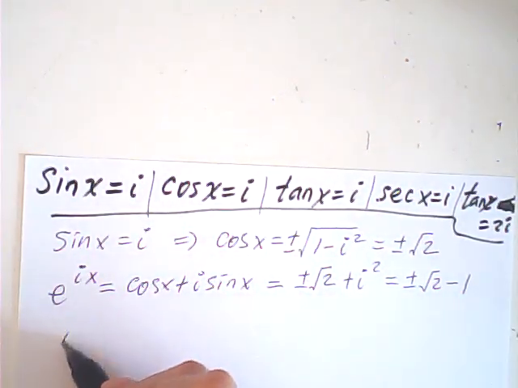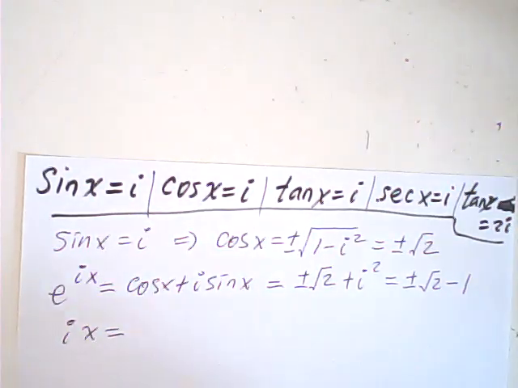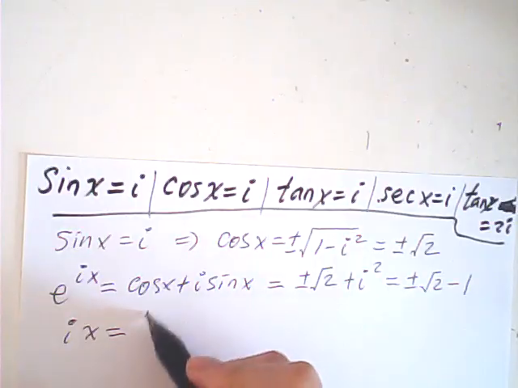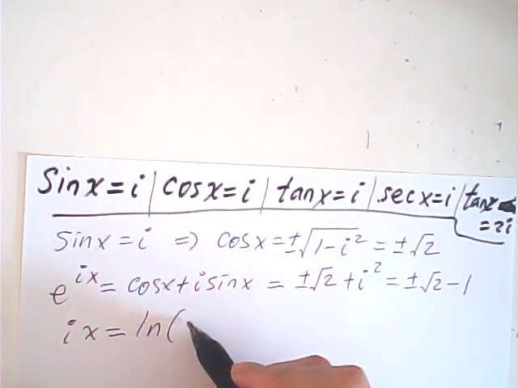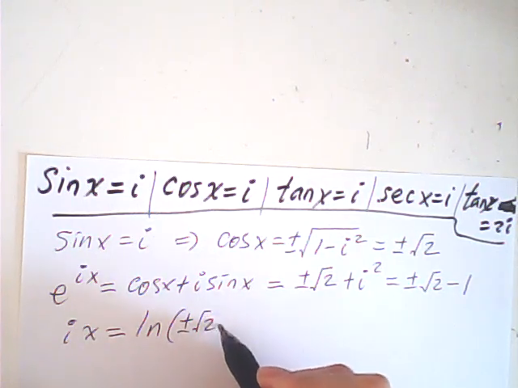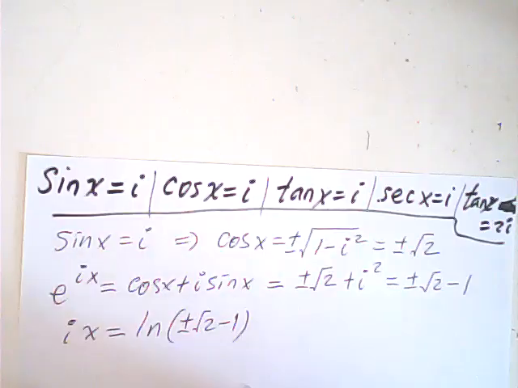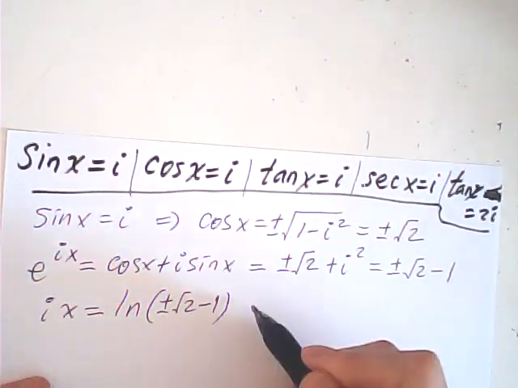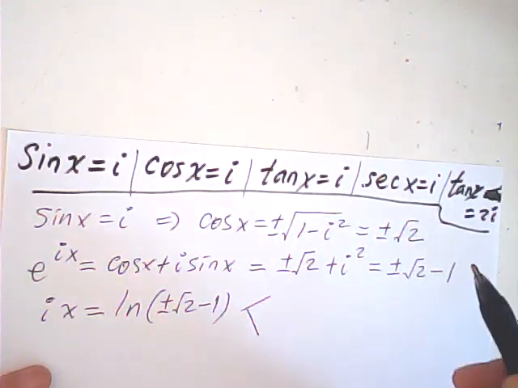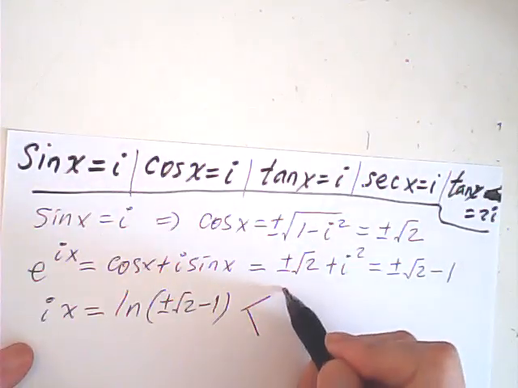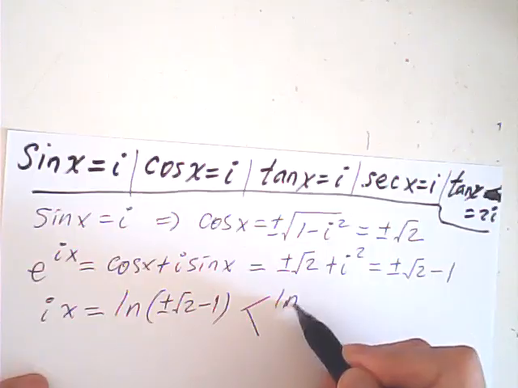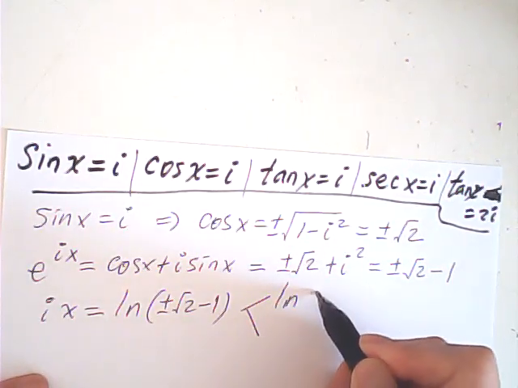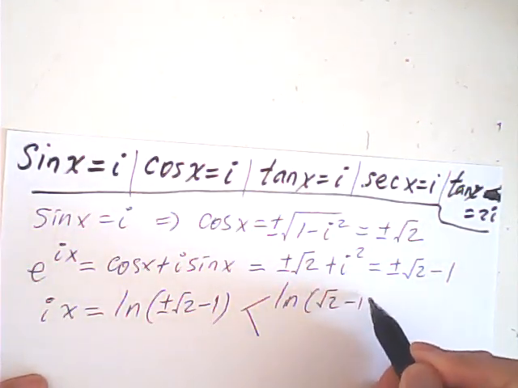So ix is equal to log of plus or minus root 2 minus 1. Now then we have two different cases. One is log of root 2 minus 1.